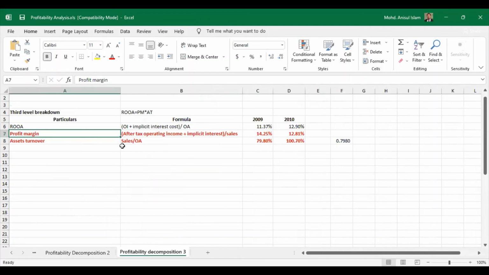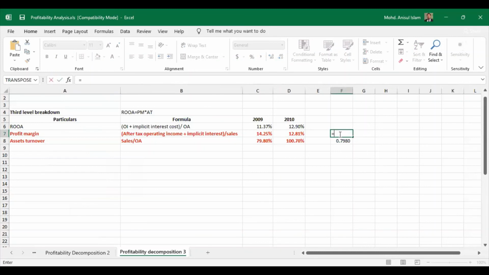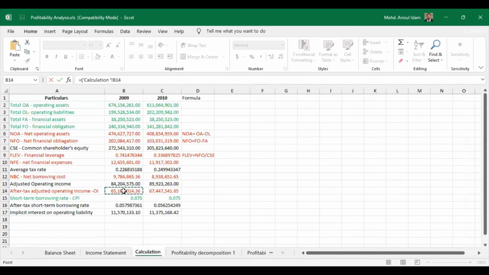Again, there is a little difference between how we calculate it conventionally and here. Within the bracket, we take the after-tax adjusted operating income from our calculation, and we add the implicit interest cost on operating liability, which we would not incur if we didn't have any operating liabilities.